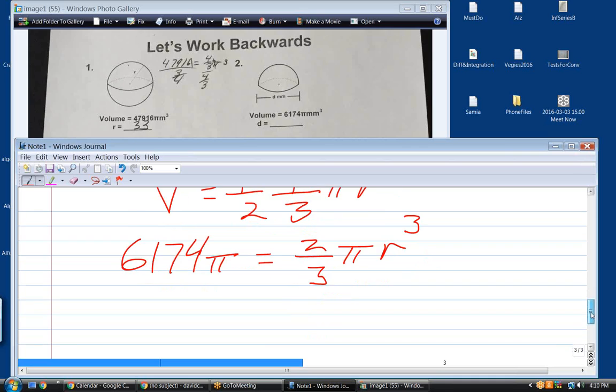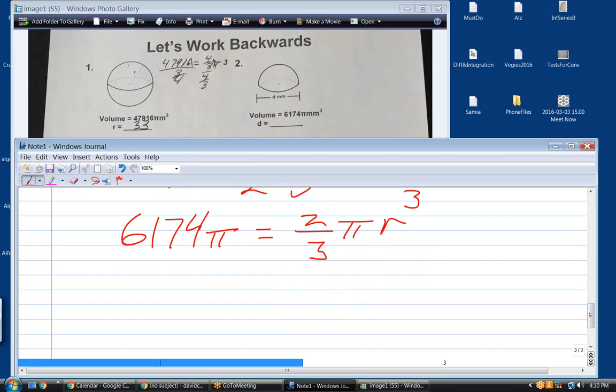As long as you have your calculator, let's make sure you can come up with this. What is r going to be? So r cubed, the pi's are going to cancel out. R cubed is going to be 3/2 times 6174.